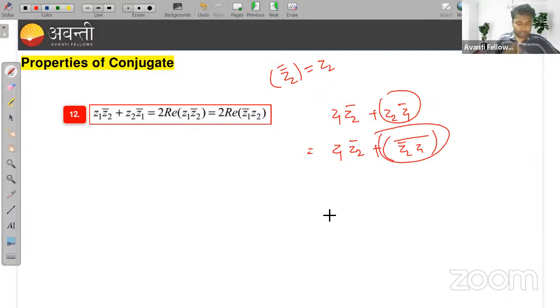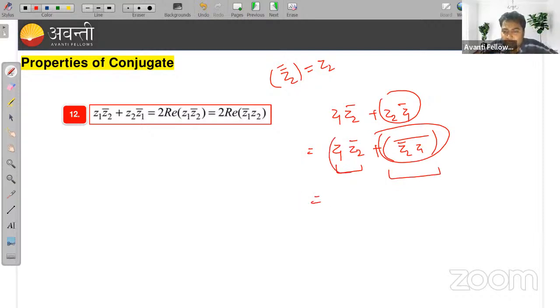Okay, one thing. What did we do? If we take this as one complex number and this as another, they are both the same now.